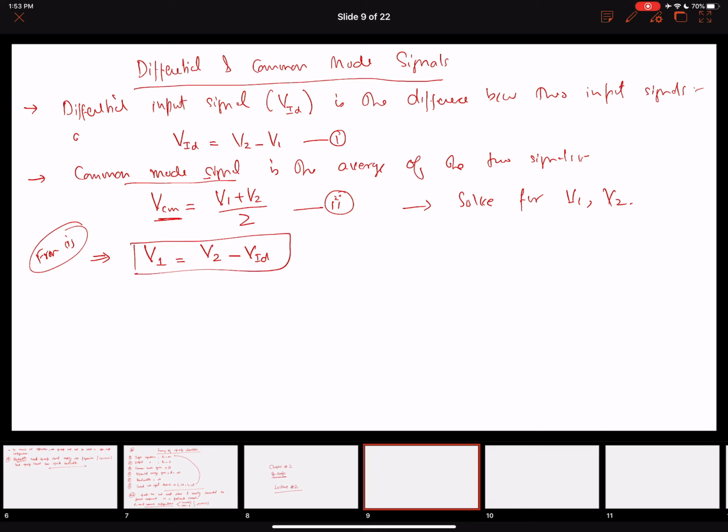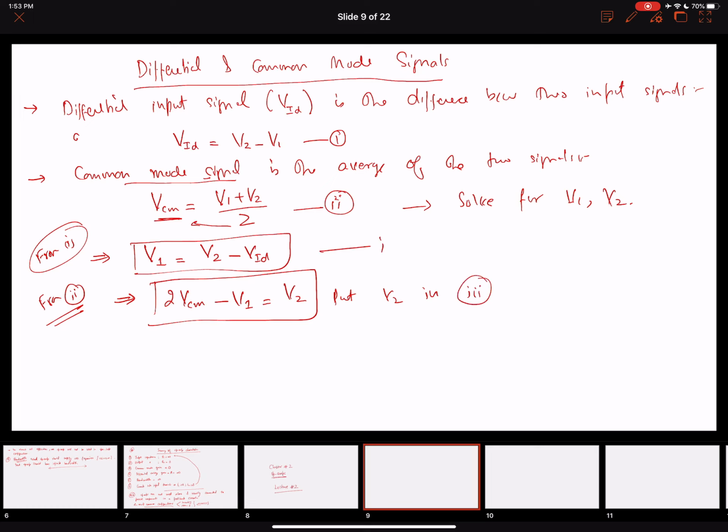And from equation 2, we can find V2: 2 VCM minus V1 equals V2. Let's put this V2 in equation 3, so V1 equals 2 VCM minus V1 minus VID.